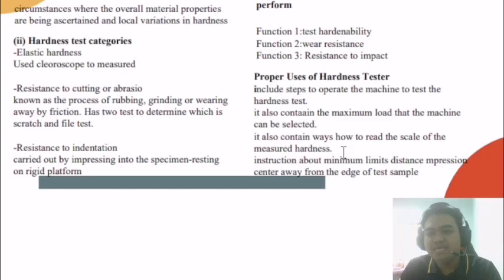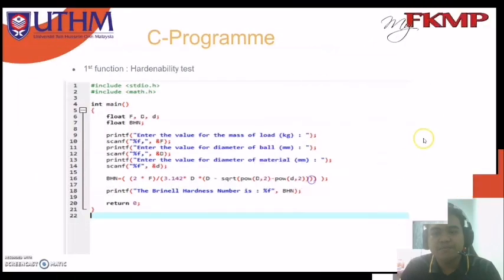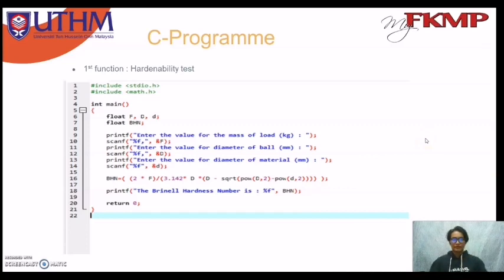It also contains the way to read the scale of measured hardness, and finally instructions about the minimum limits of distance of the impression centered away from the edge of the test sample. Okay, that's all for my part in the handbook criteria, and thank you.